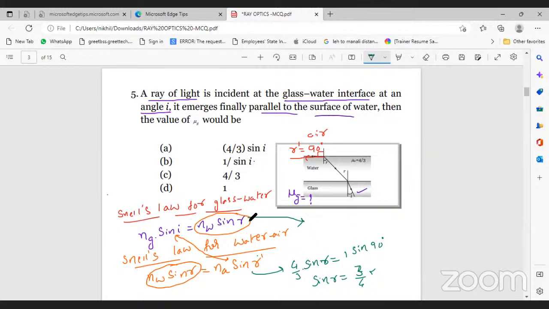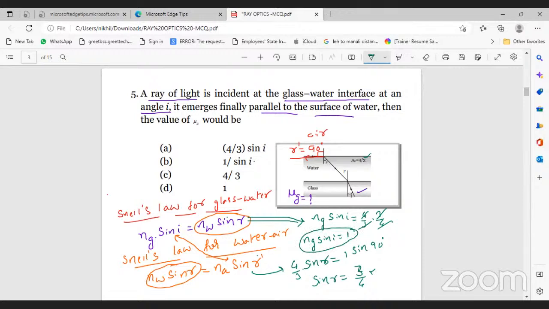So from this, I'll keep Ng as it is. Sin I as it is. What is NW they have given? 4/3. What is sin R value I got? 3/4. So what is Ng into sin I? 1, no?